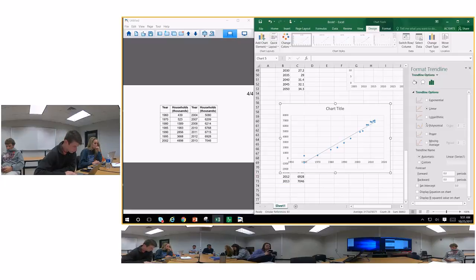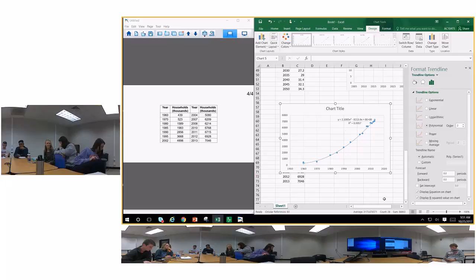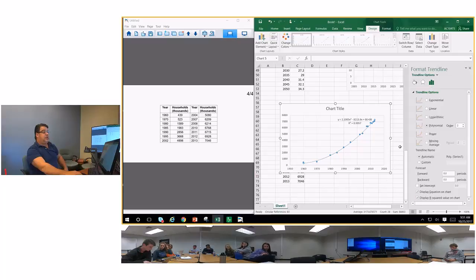Polynomial. There we go. And display equation. Is that what y'all got? That's a BA number on the end, so just don't worry about that. Got a high correlation factor, so that means there is correlation. So if you're talking about plugging in for 2020, you're probably talking, let's see if I can do that.